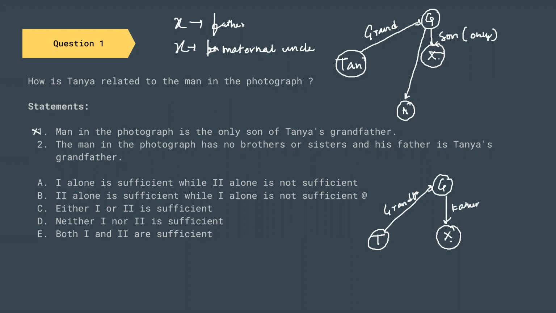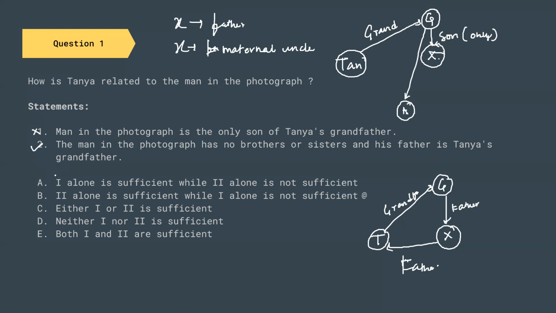So in a way, X is the father of Tanya. From this second statement, we can conclusively conclude that the relationship between X and Tanya is that of father and daughter.